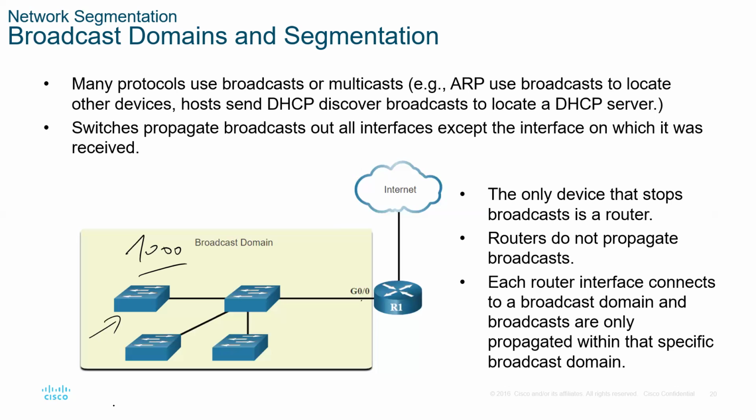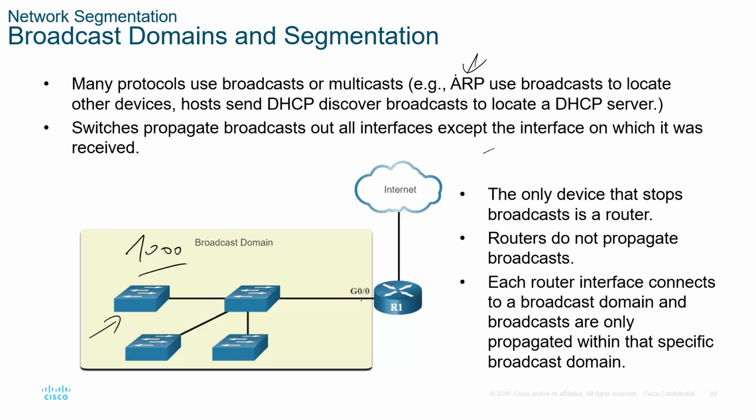Problems come when every device in that network is trying to send a broadcast. When we talk of ARP, for example, a PC sends a request: this is my IP address, what is my MAC address. It sends a broadcast automatically.